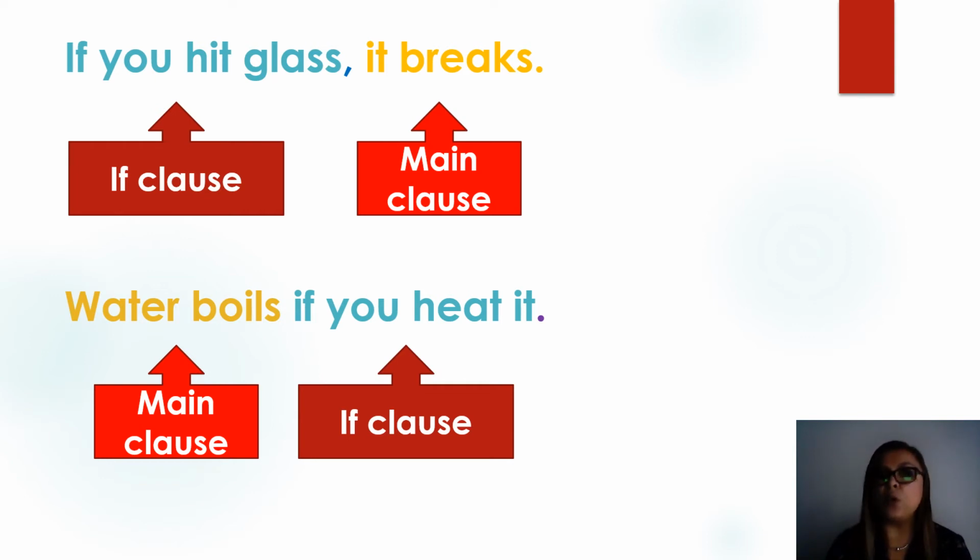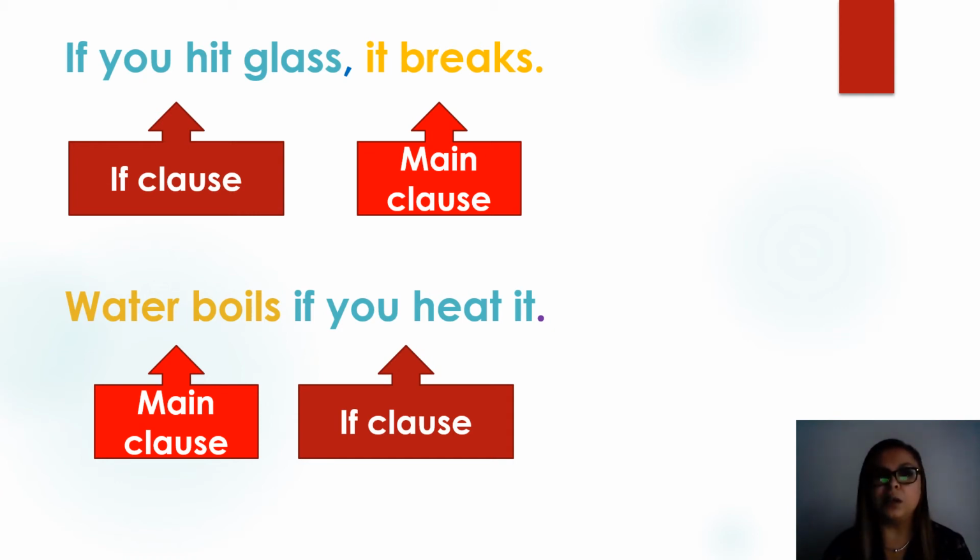Solamente deben tener un poco de cuidado con el uso de los pronombres. Vean acá, yo en lugar de volver a repetir la palabra glass, puse it. ¿Ok? If you heat glass, it breaks. Sustituí por un pronombre la palabra glass. Si alguno de ustedes quiere decir, if you hit glass, glass breaks, that's all right. But it's very weird.